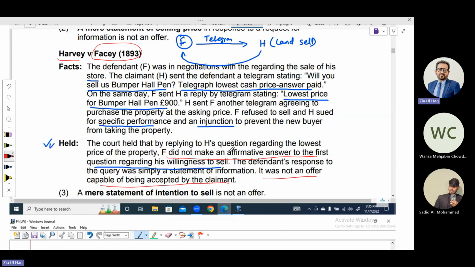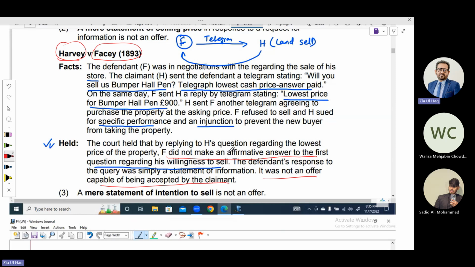Can you understand this concept? If he advertised my business is for sale and the other person Harvey asked for the lowest price, Facey said my lowest price is 900. It was not an offer. It was an invitation to treat.